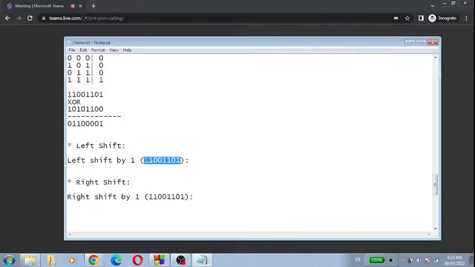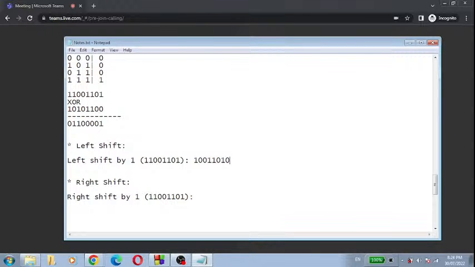So I'm going to copy this number here and paste it here. Then I'm going to remove this. I have shifted this and I'm going to write 0 here.